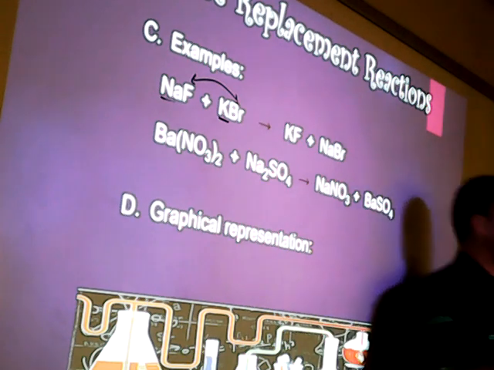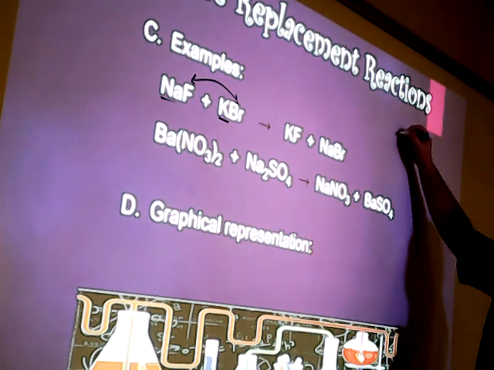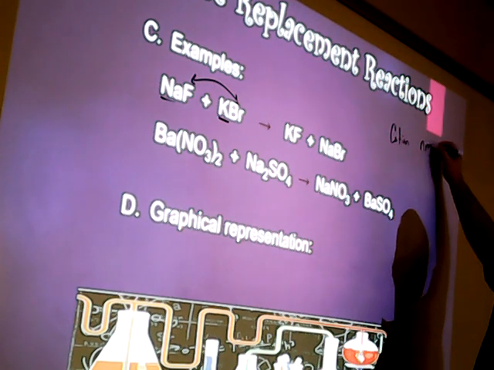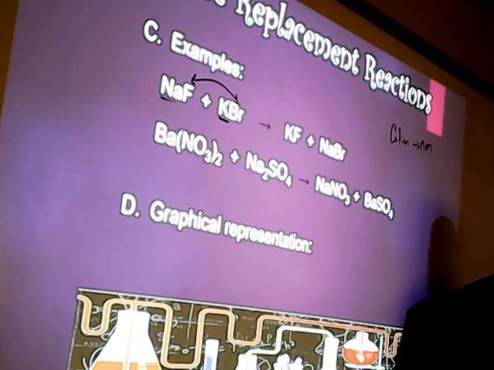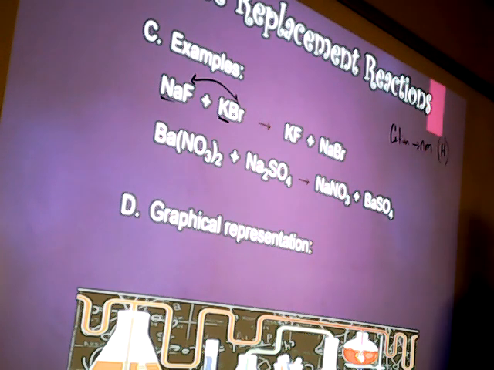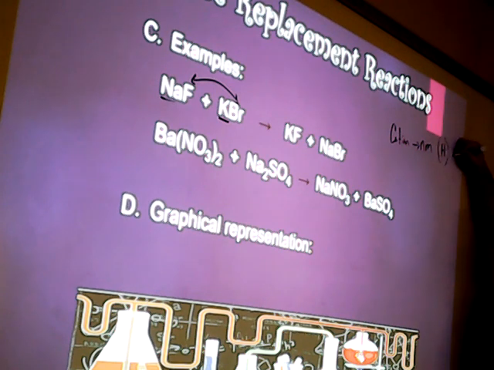If you want to keep, I don't care which way, in your products you need to know that you have a metal and a non-metal plus a metal and a non-metal. However, what is your one cation that is a nonmetal? Hydrogen. Hydrogen most likely is going to form what? An acid.